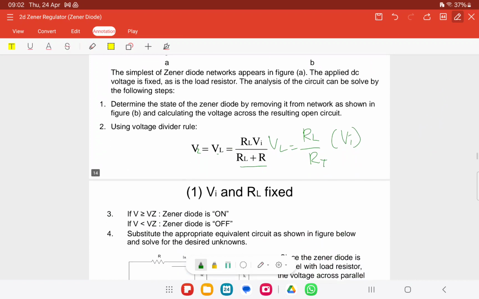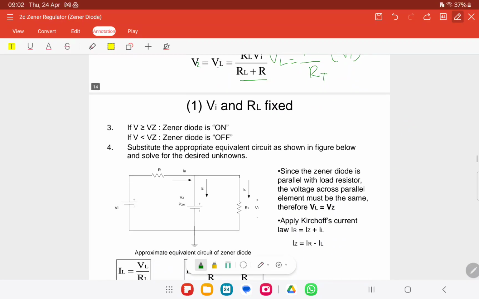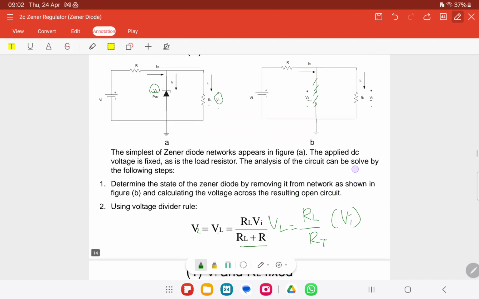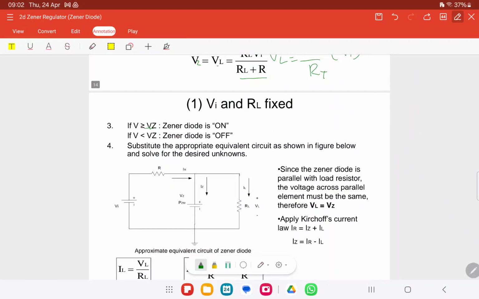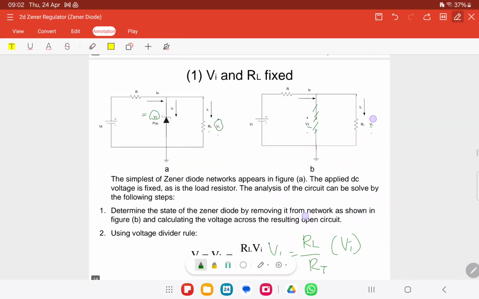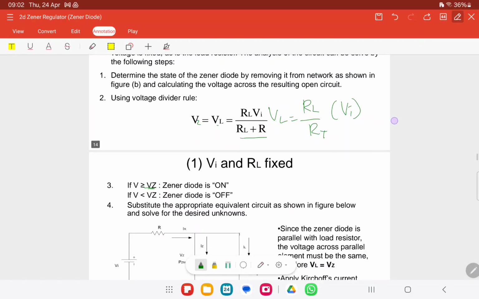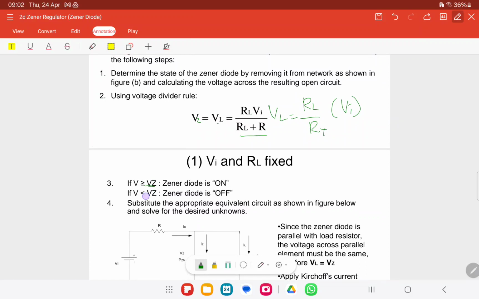If we get the value, first you need to determine whether it is on or off. If we get a value less than VZ, normally VZ will be given, whether 10 or 8, depending on the circuit. If you calculate the VL here and get less than VZ, meaning the diode is off.